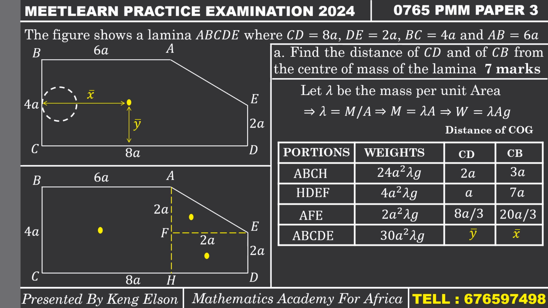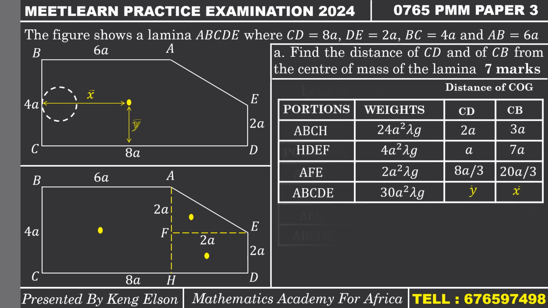After completing the table, we now need to apply the principle of conservation of moment. From this principle, we take moment about the given axis. So we start by taking moment about CD.